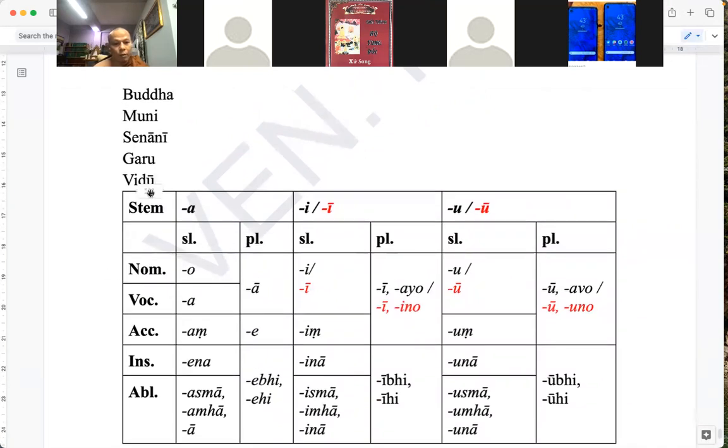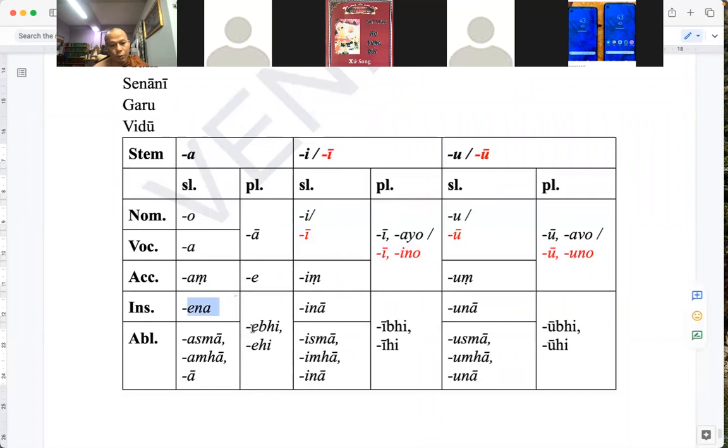So for example, Buddha. In the nominative case singular, Buddha. But for the plural, Buddha. And then the vocative case, also Buddha. Okay, and then the accusative case, Buddhan, Buddhe. So for the instrumental, Buddhena, Buddhebhi, Buddhehi.